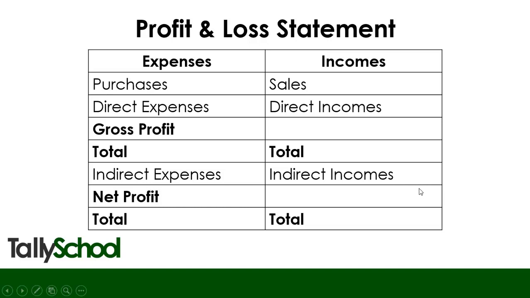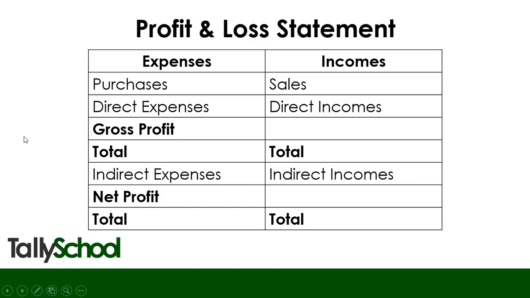In the previous slide we have already discussed loans, so let's put it here. You have given the loan, and therefore it is your asset, and for that asset you are earning interest, which is an indirect income, and which you will show in the profit and loss statement. So that is the indirect income, and we put the total here.